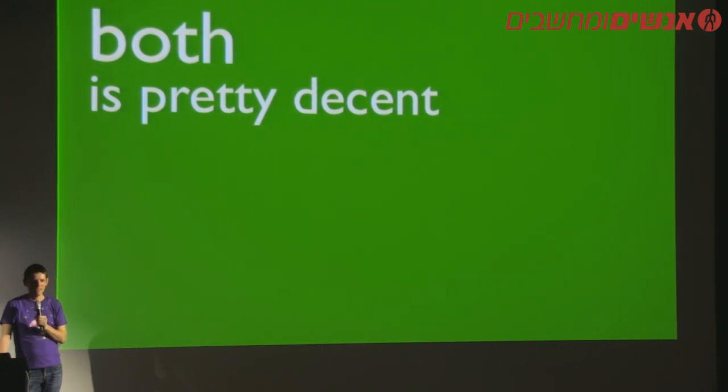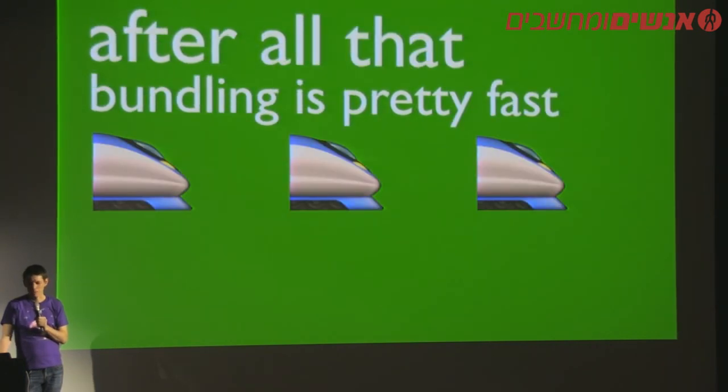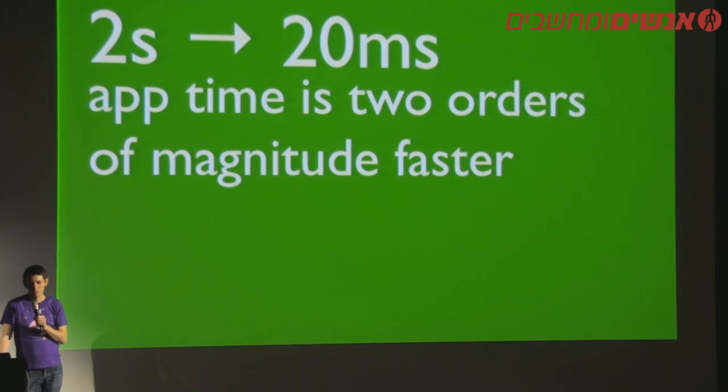So in the end, we did a ridiculous amount of work, but bundling is now actually pretty fast. Like the request time went from 2 seconds most of the time to 20 milliseconds most of the time. That's a pretty good improvement. I like 2 orders of magnitude improvement. That's pretty good when you can get it.